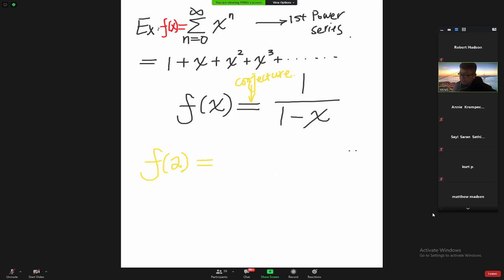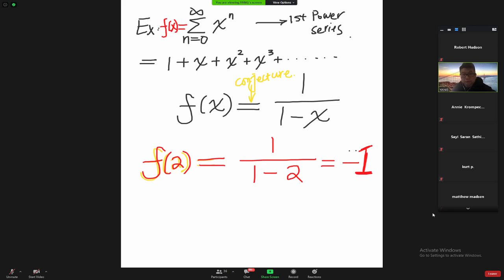Now let's see, what is f(2)? If this conjecture is true, that equals 1 over 1 minus 2. What's the result for that? -1. Oh, unbelievable.